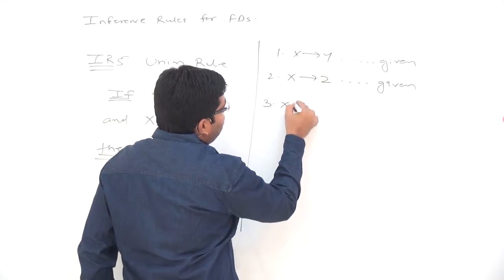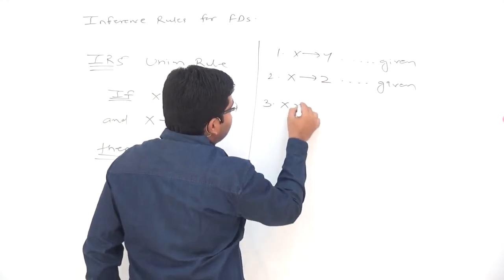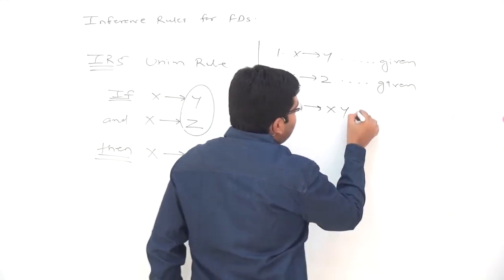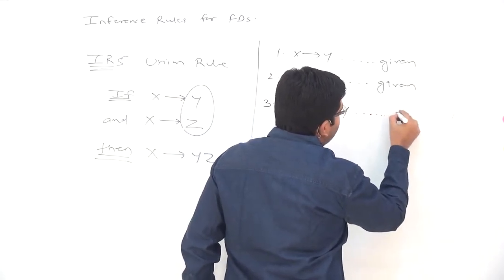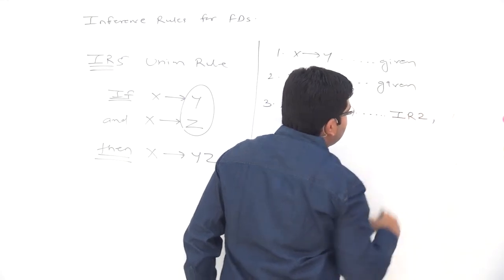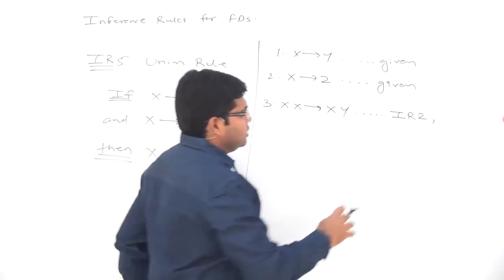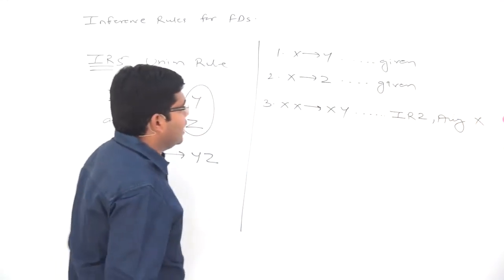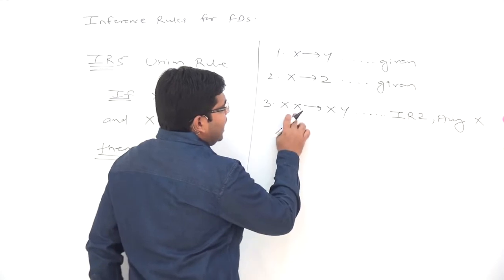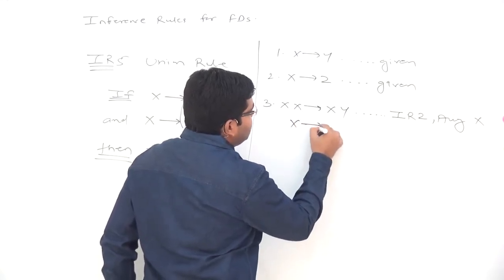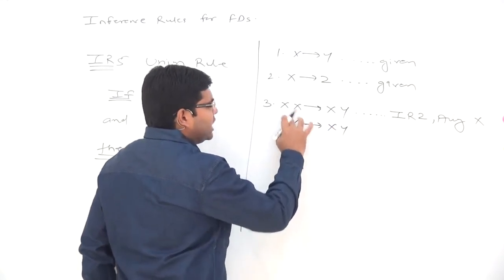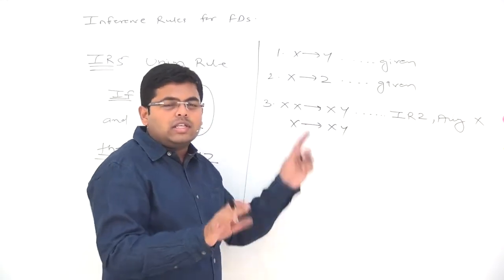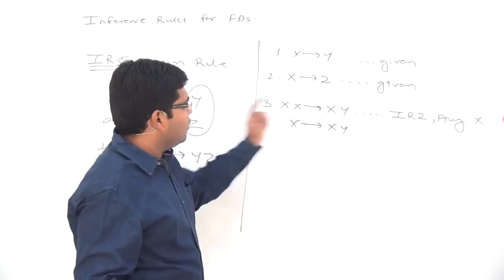So we can write down xx gives xy. We are doing augmentation, and the augmentation rule is called IR2, augmentation with x. And xx gives xy can also be written as x gives xy. Twice x is equal to x as far as FD is concerned. If I give x once or twice or thrice, that doesn't make any difference. It is the same piece of information.